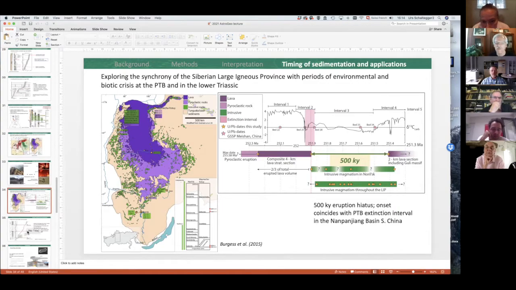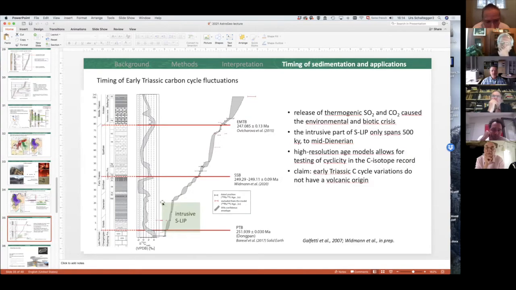Not the intrusive magmatism. That happens after. So this green window, what he called the eruption hiatus, this is this green box. Right. So we have before pyroclastic. Yeah. We know that the biotic response starts before the Permian-Triassic boundary, so we do have volcanic activity here.